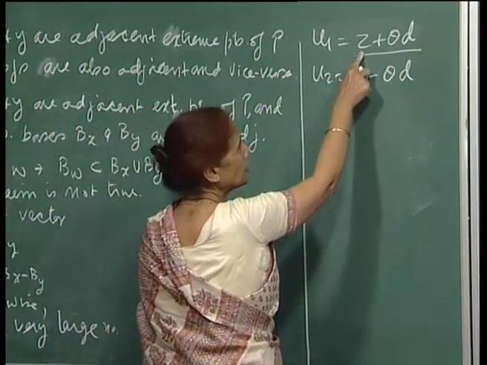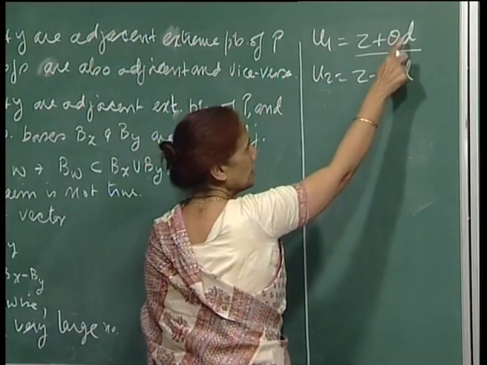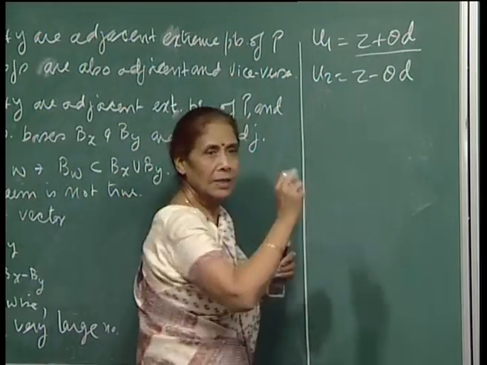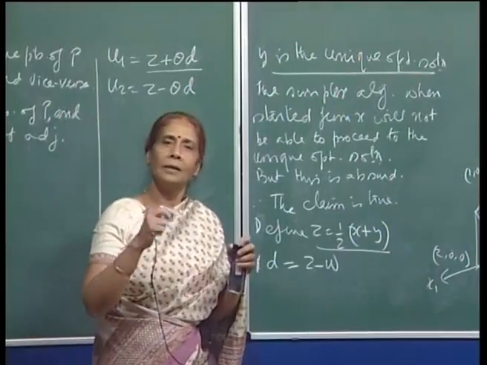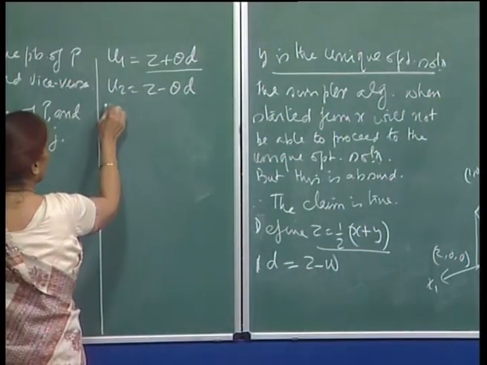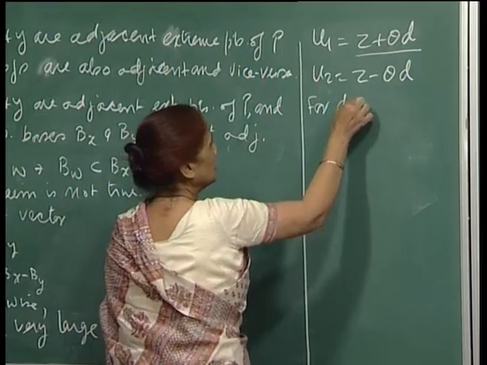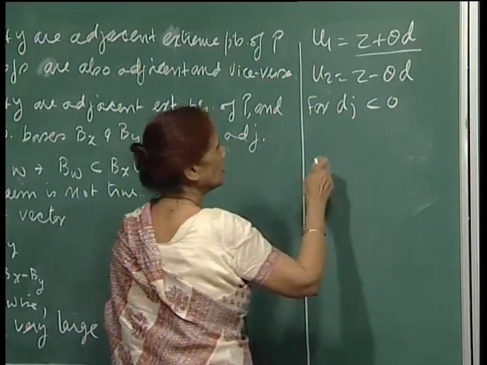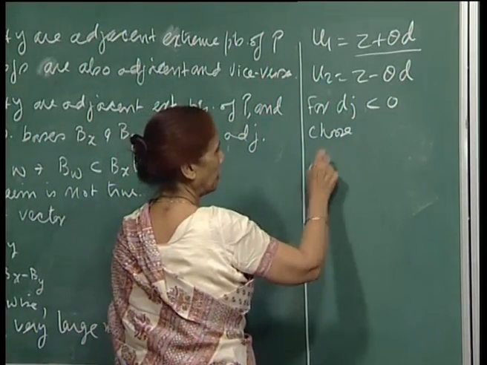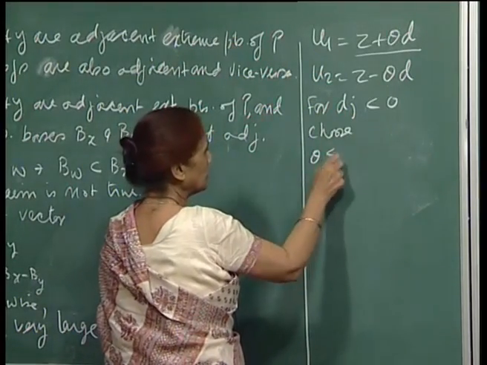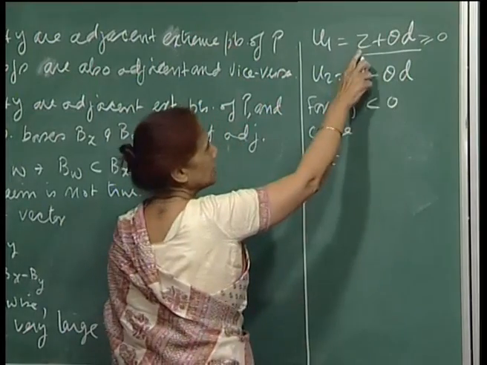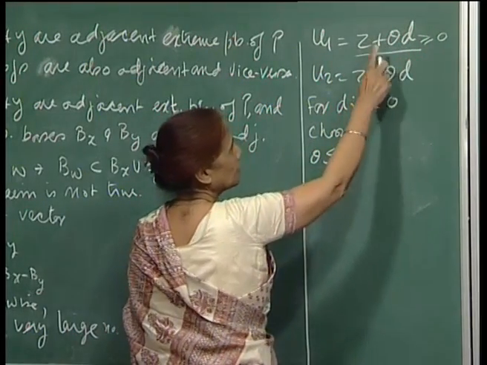Z has all components non-negative. Now, if there is a negative component of D, that can create problems, because my theta should be chosen such that the corresponding component does not become negative. So, for Dj less than 0, choose theta such that, I want Zj plus theta Dj to be greater than or equal to 0.